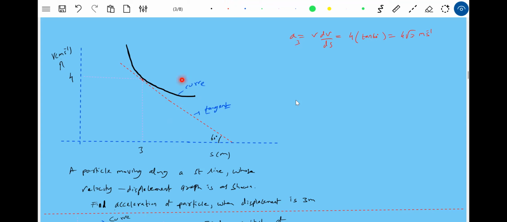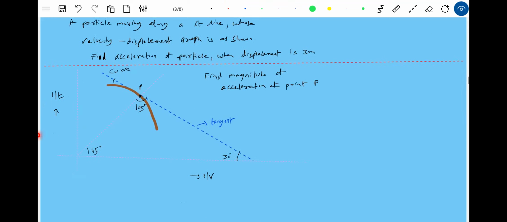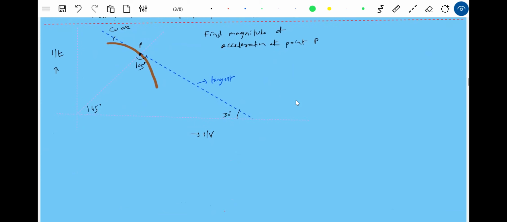Usually we discuss a straight line, but here I have brought a curve, and for a curve we need the slope. This is a 1 by t versus 1 by v graph for an object moving along a straight line, where 1 by t is per second, t being time.